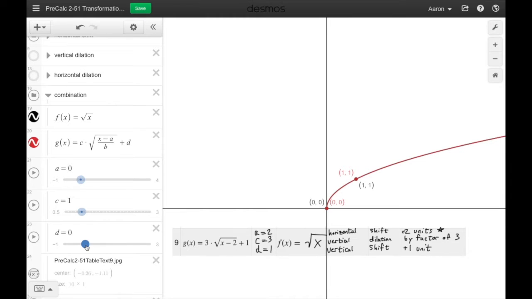So the real question comes up, if you don't have a calculator, how are you supposed to do these transformations? Well, the basic strategy is going to be to individually, point by point, transform them. And so first let's transform the 0, 0. It starts here, but then it gets horizontally shifted 2 units.